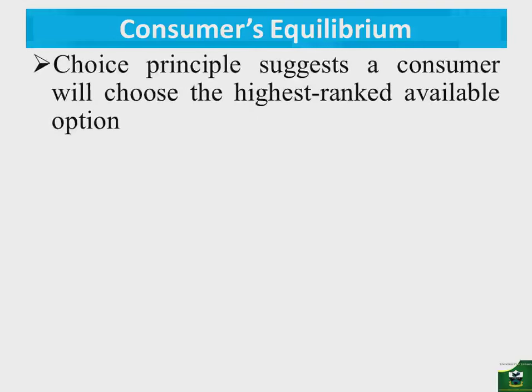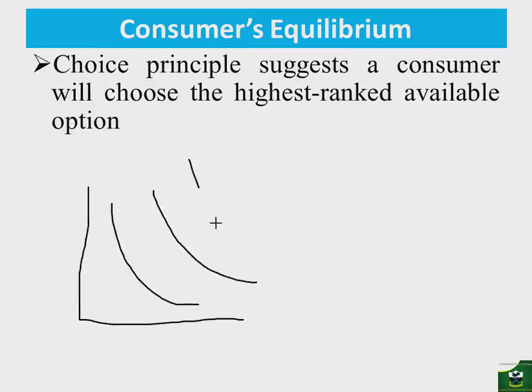So, the choice principle suggests a consumer will choose the highest ranked available option. This means that given an indifference map where you have indifference curves 1, 2, 3, and 4, the consumer will choose which of these will be the highest possible utility-maximizing indifference curve by looking at the current income and the price levels for the two commodities.